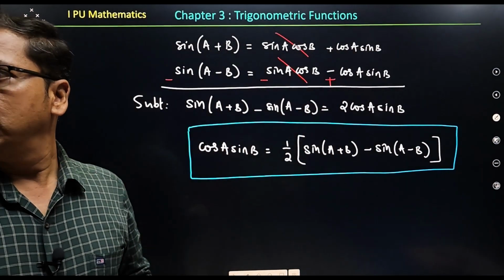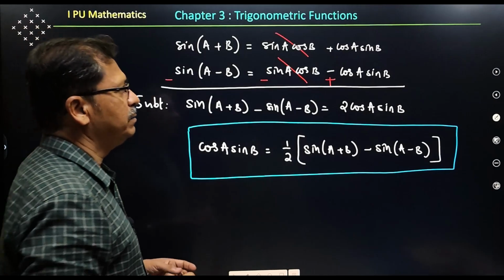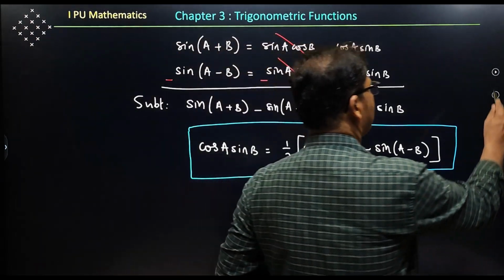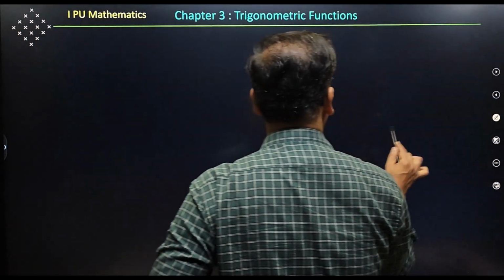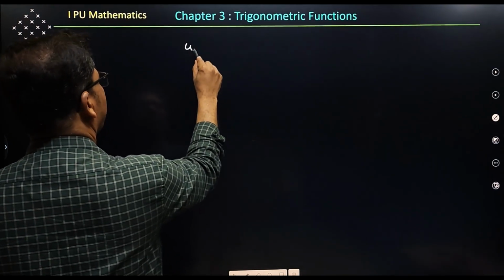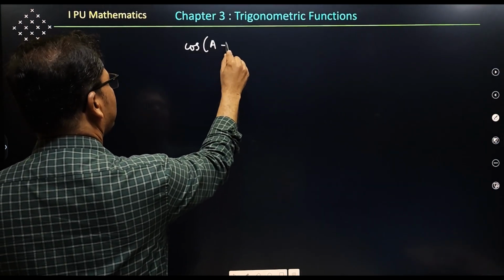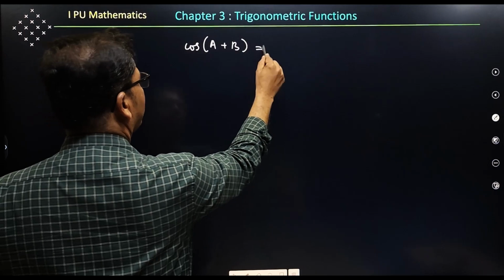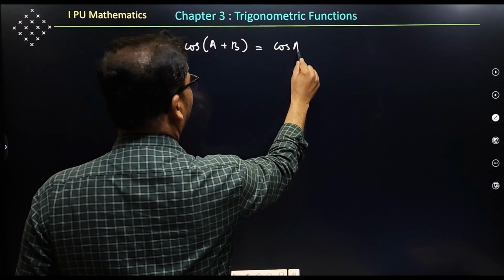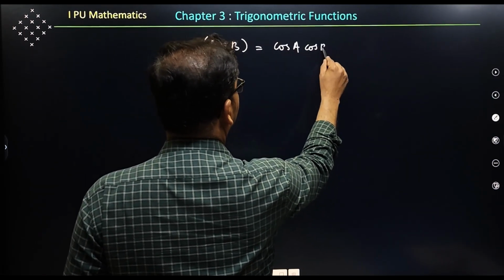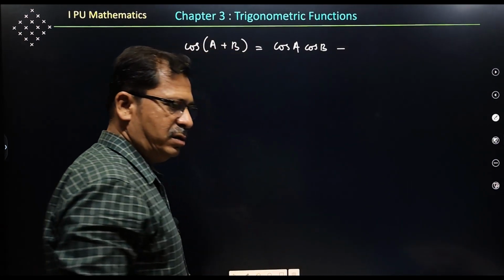Now let us continue to the next result. Similarly, I would like to use the result cos of a plus b and cos of a minus b. Cos of a plus b equal to cos a cos b minus sin a sin b.